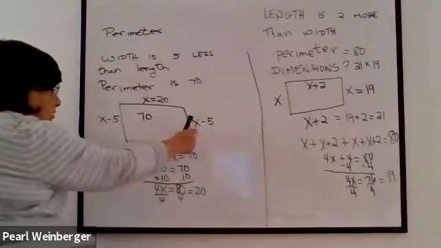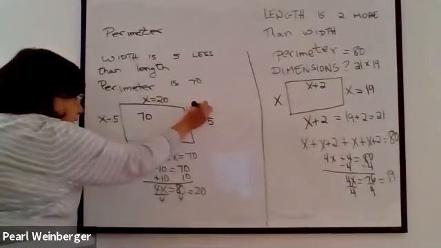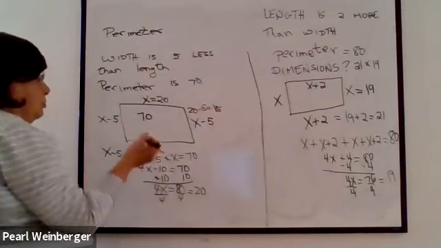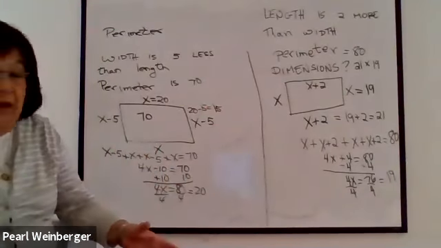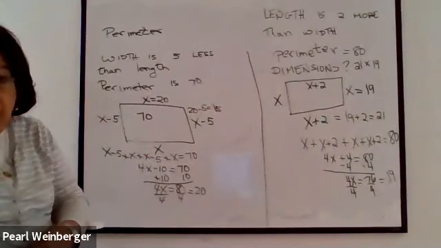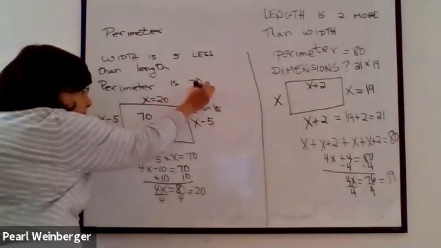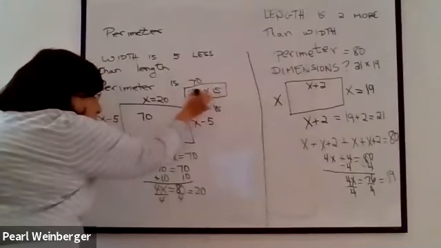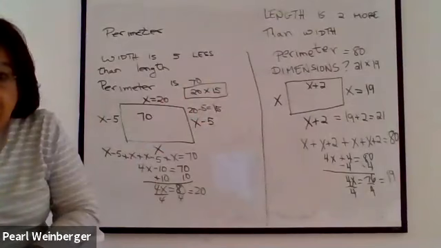And the width is x minus 5, so that's 20 minus 5, which is 15. I could say it separately: the length is 20 and the width is 15, or I could write it as 20 by 15 as the dimensions. So that's how you would solve it.